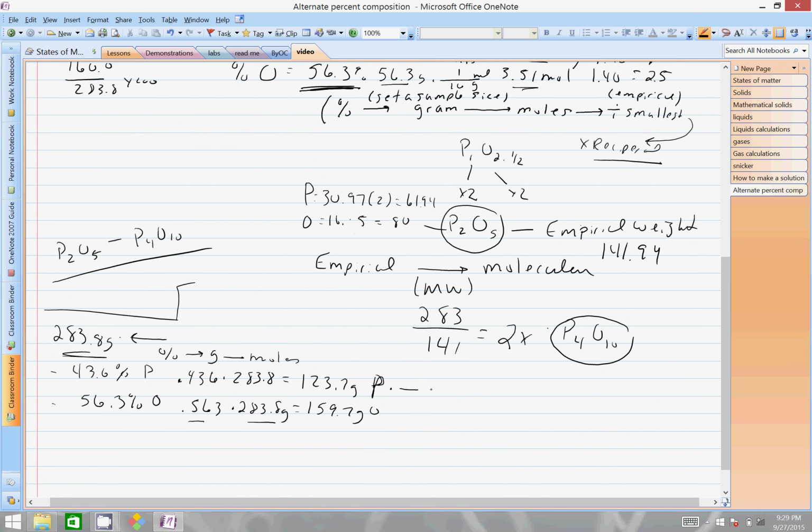So get rid of the grams, and go to moles. 1 mole is 30.97. And 1 mole is 16.